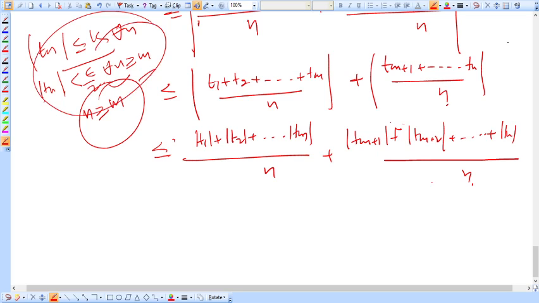So we can write here this is lesser than, these terms are lesser than what, k. So total number of terms here is m.